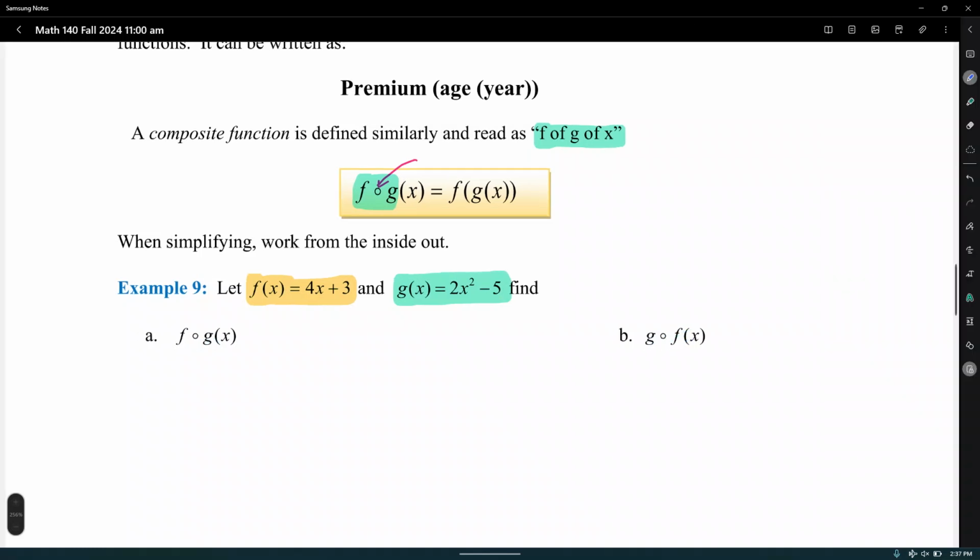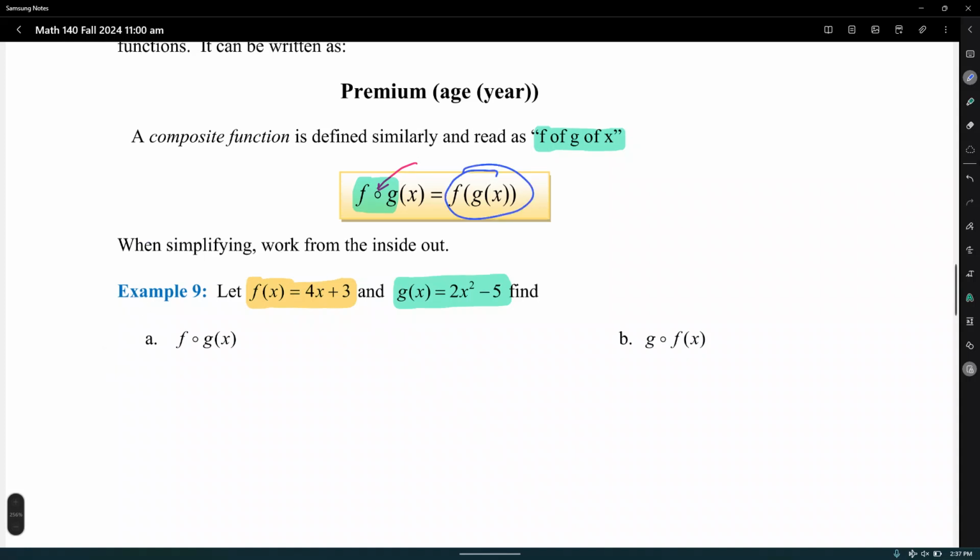How do we go about it? Every time you have the circle notation, it's better to change it to the second notation because it's more descriptive and easier to understand. The second function we write, which is g, is the inner function.